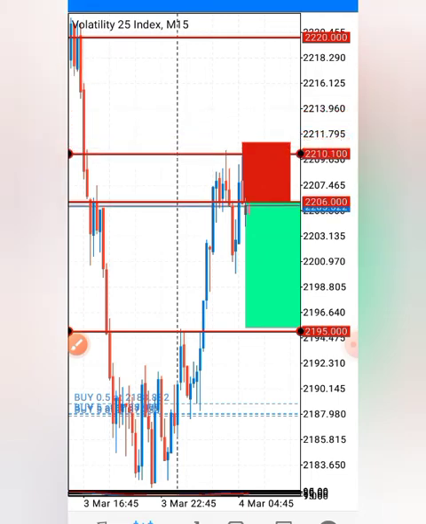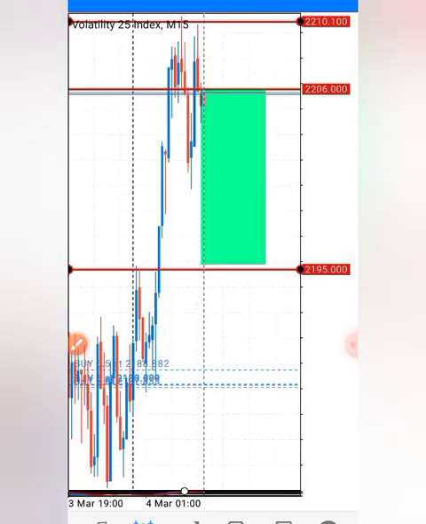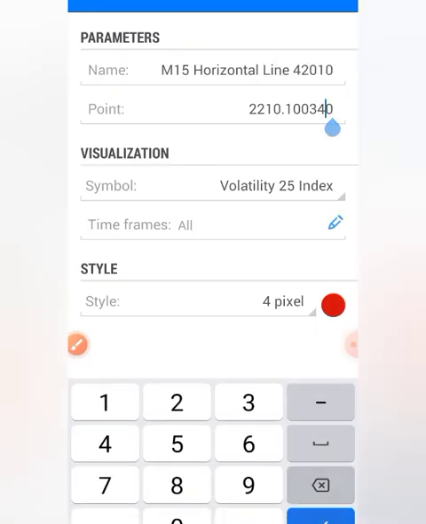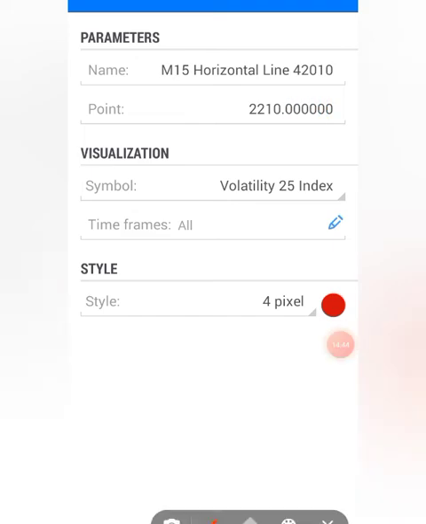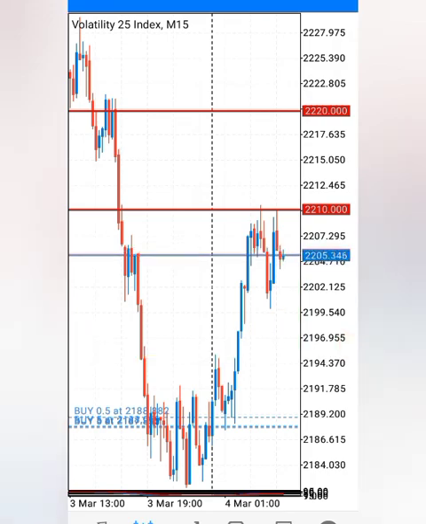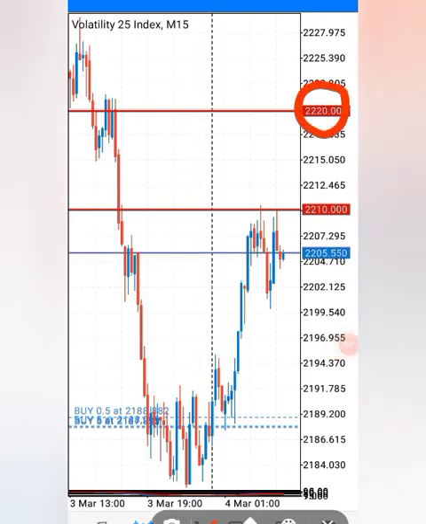Let me delete this so that we can have a clear view of what we're doing. Okay, 2210. We are considering 10. So this is what we have from 2200 to 2210.